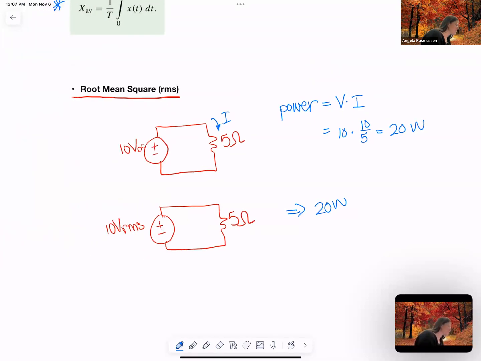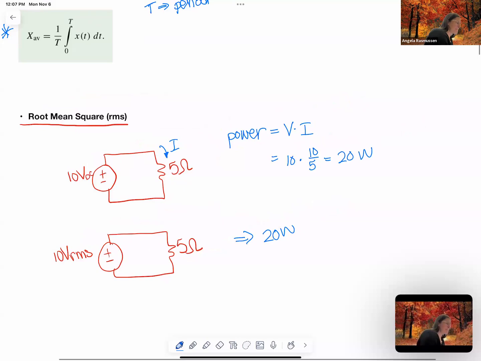Root mean square. No, I'm not going to get there. Okay, I'm going to come back to the root mean square because I can't remember where I was going with this one.